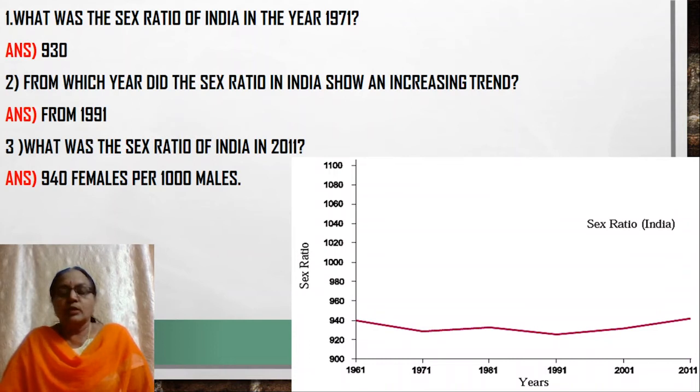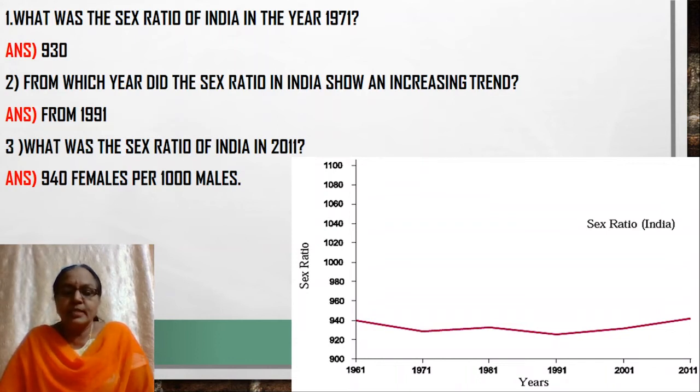Now, let us look at this graph here. Again, I've taken this from your 6th lesson, that is population. Just look at this graph here. This is a line graph. Here, if you see, on the x-axis time or years is given, and on the y-axis we have the sex ratio.